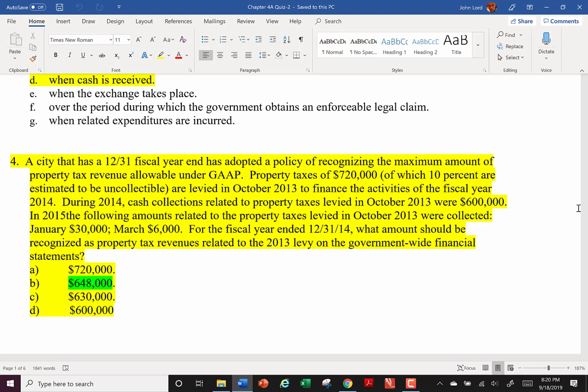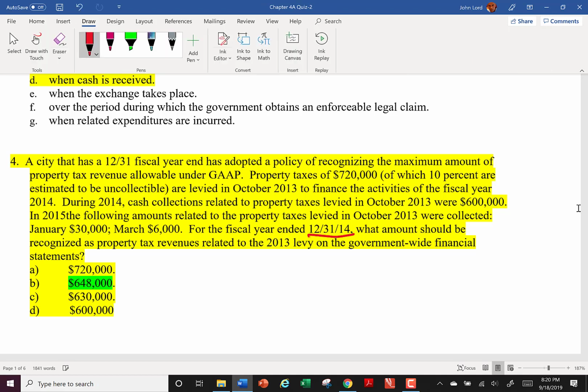Do I care when they collected the money in the government-wide statements? It does not matter when they collected, so I'm just trying to figure out what should be my revenue for 2014. They told me this money is to be used in 2014, so use may begin in 2014. But we have to remember that we reduce our revenue by the amount we think we're not going to collect.